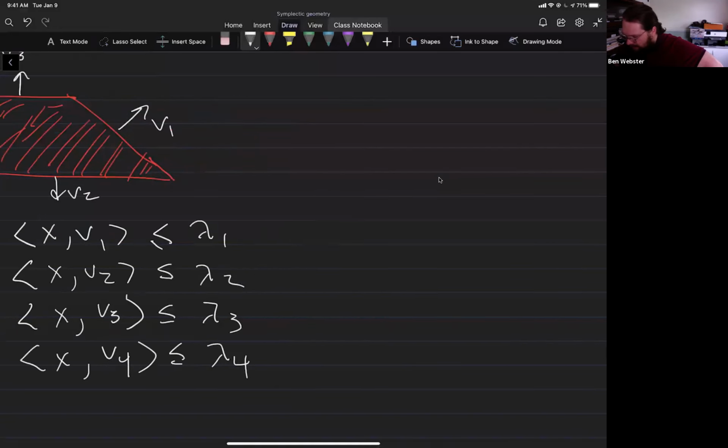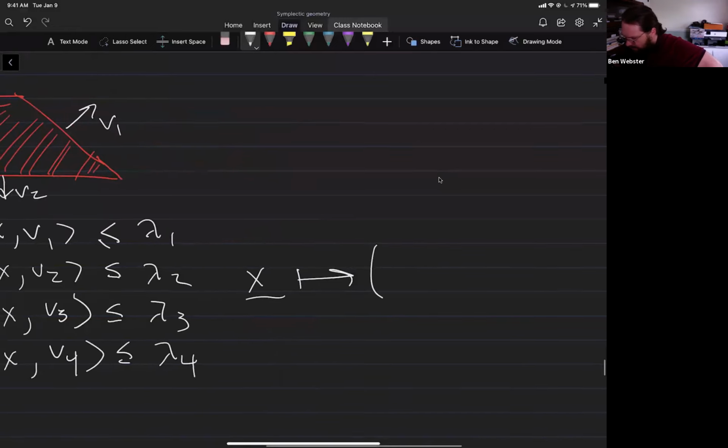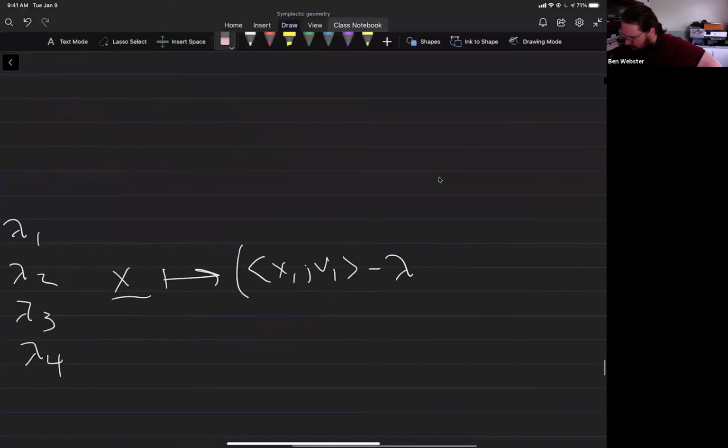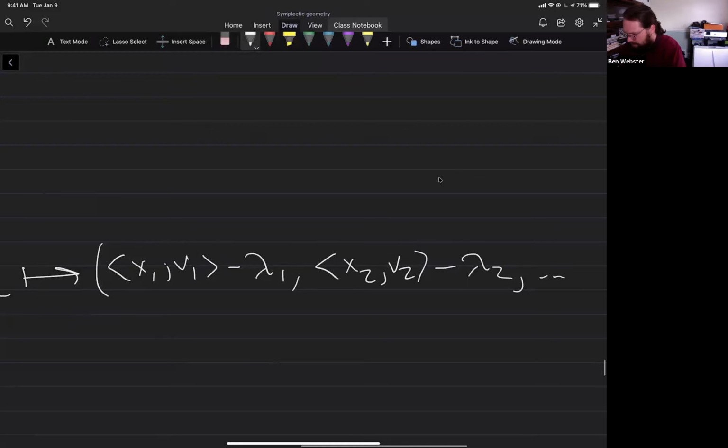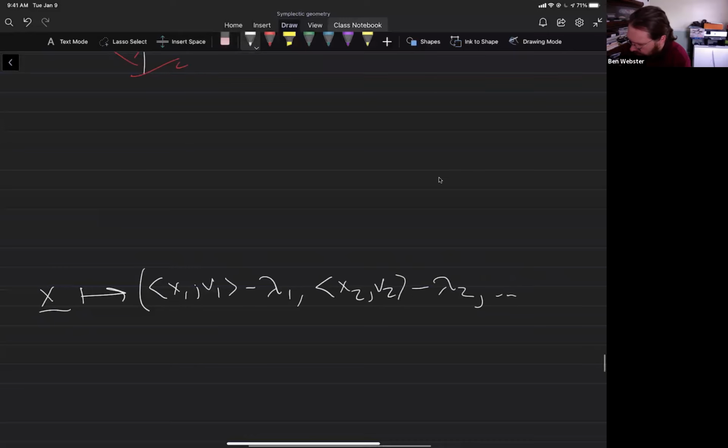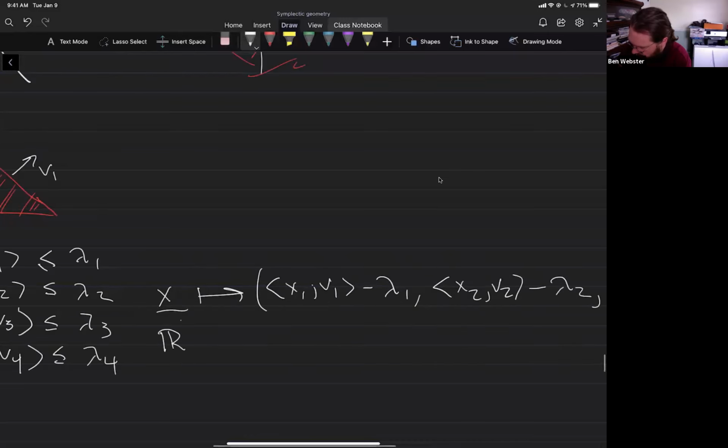Well, I can send X to the element of R4 given by λ1 v1 minus λ1, X2 v2 minus λ2, etc. All right, so this maps R2 into R4.